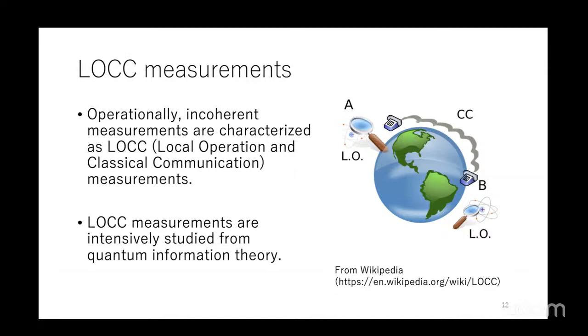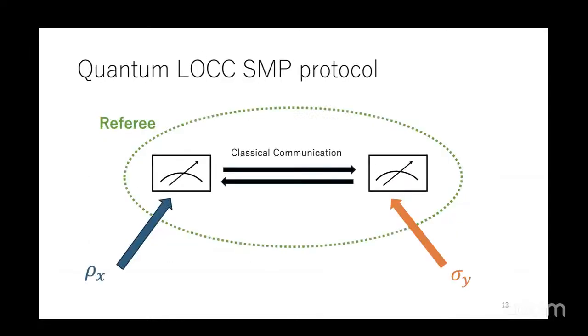In LOCC measurement, states are locally measured, and the measurement result can be shared with some classical communication. So in our work, we introduce a quantum LOCC SMP model. The referee receives quantum messages from Alice and Bob, and does some LOCC measurement over the two messages.